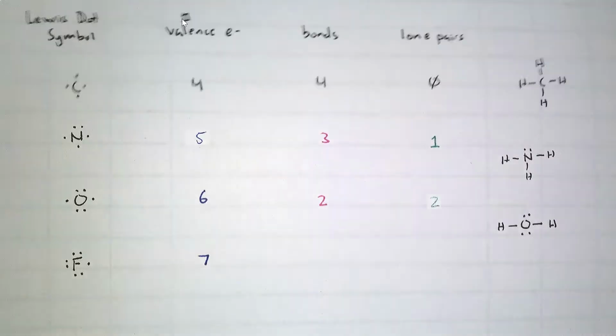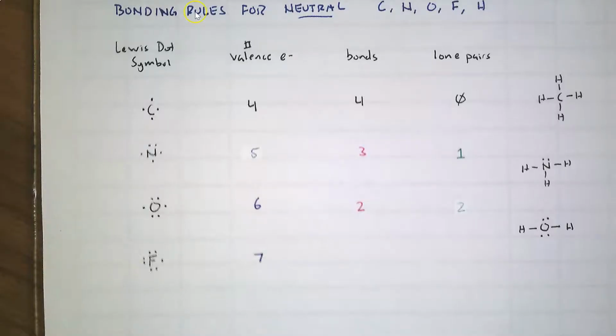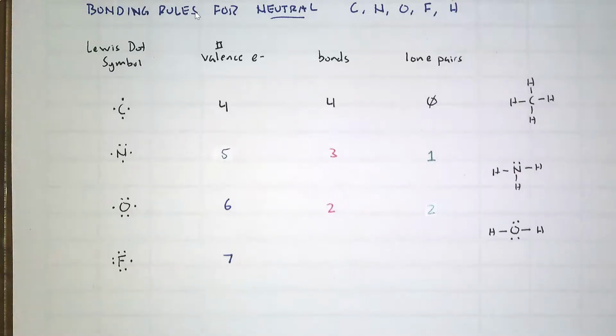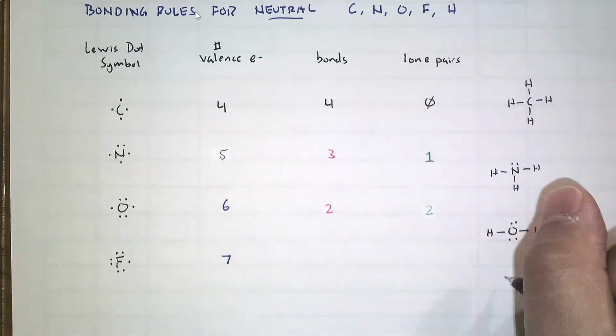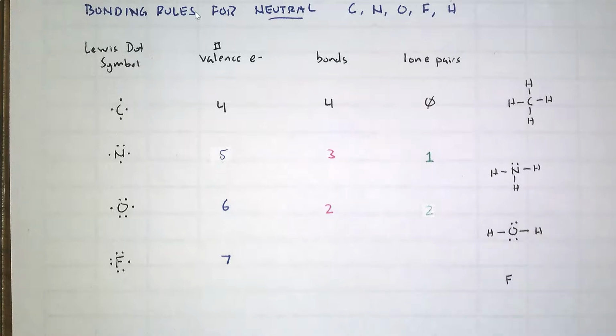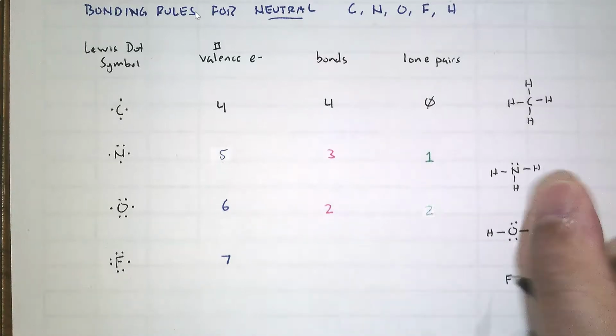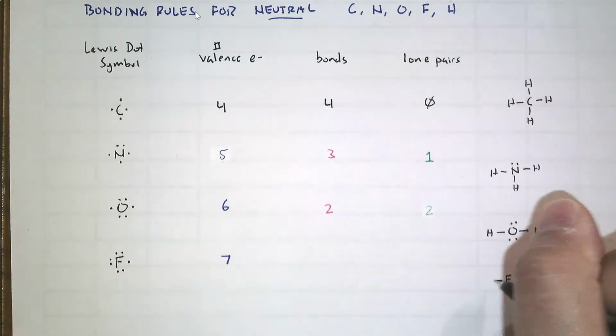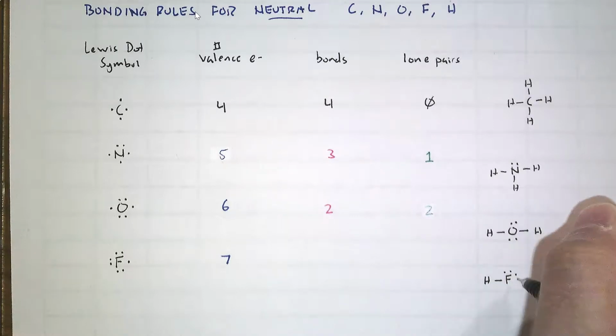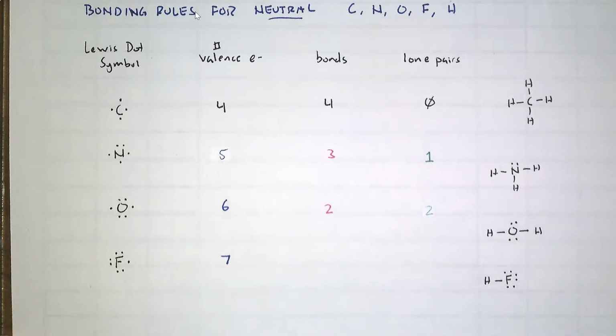Let me zoom out a little bit. Again, let's take our element of choice and add enough hydrogens so that the atom satisfies the octet rule.